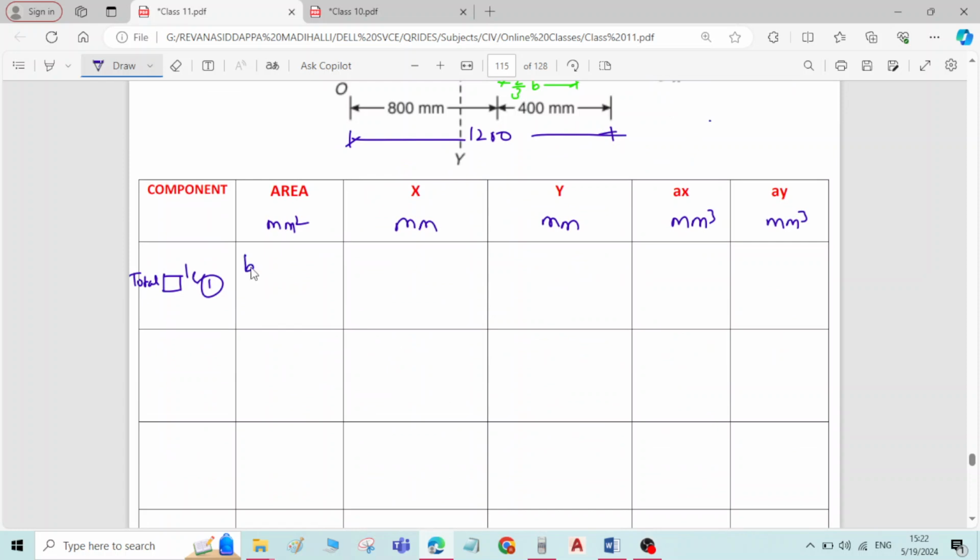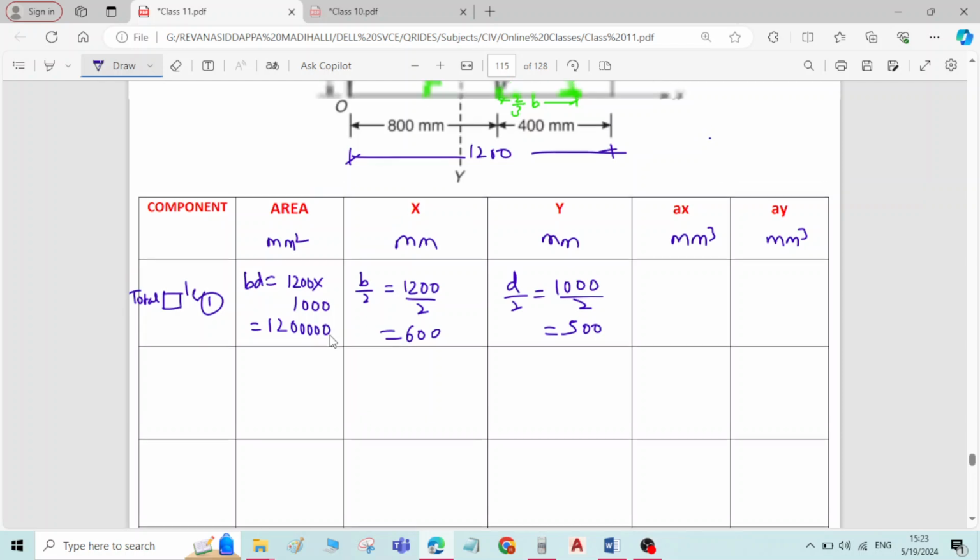Area is B into D, 1200 into 1000, so it is 12 lakhs. Then coming to the x value, it is B by 2, 1200 by 2, 600 mm, and the y value is D by 2, 1000 by 2, so you will get 500 mm.